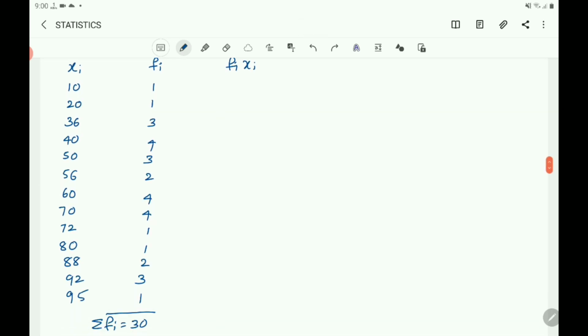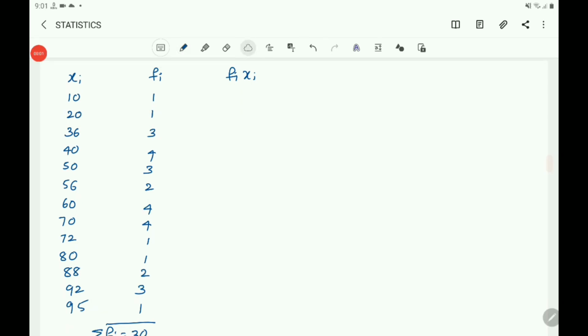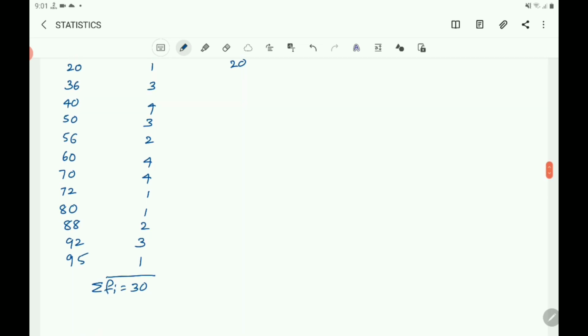These are the xi and these are fi. We multiply xi with the corresponding fi. First, 10 into 1, you get 10. Again 20 into 1, that is 20. Then 36 into 3, 108. Then 40 into 4, 160.